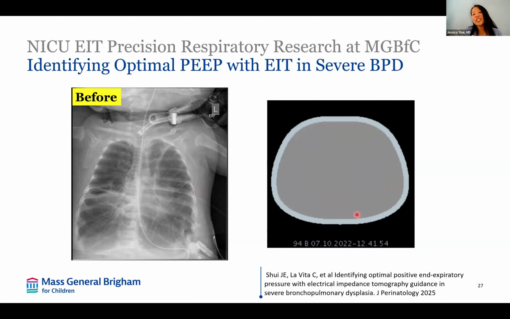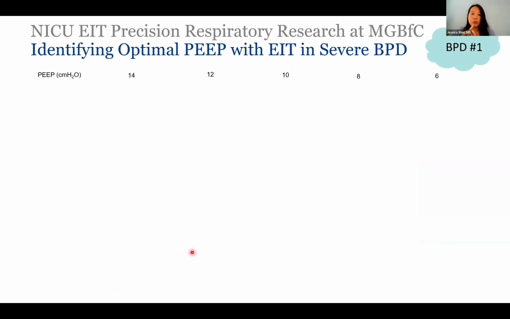You can appreciate that the breaths are not just even inhalation and exhalation. He's really working hard to exhale and empty, because you can see here on X-ray that he's very overdistended, with concern for air trapping. So I'll go over two cases to demonstrate this point.